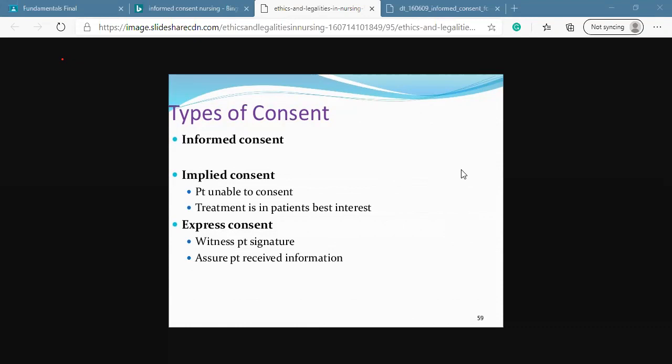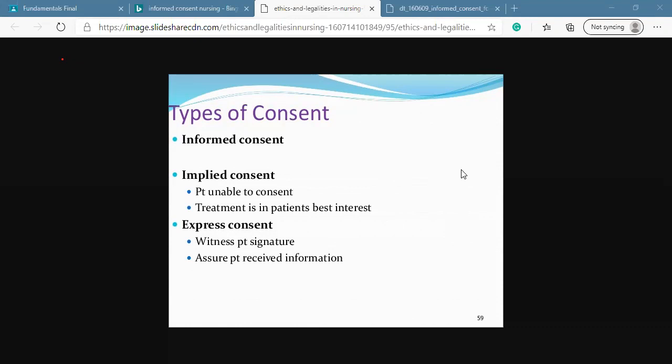If the patient is under 18 years old but married, we say emancipated minor.